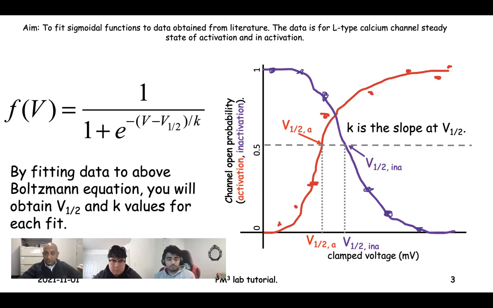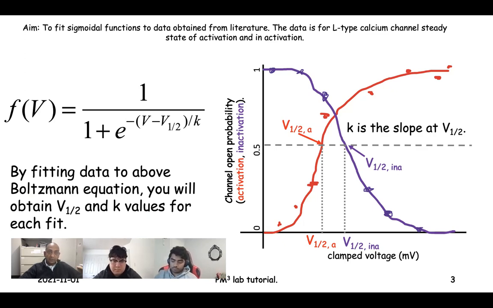Activation curves usually are low for small values of voltage and have values of 1 as voltage increases. The graph for the steady state of inactivation starts at values of 1 when voltage is small and goes towards 0 as voltage increases.